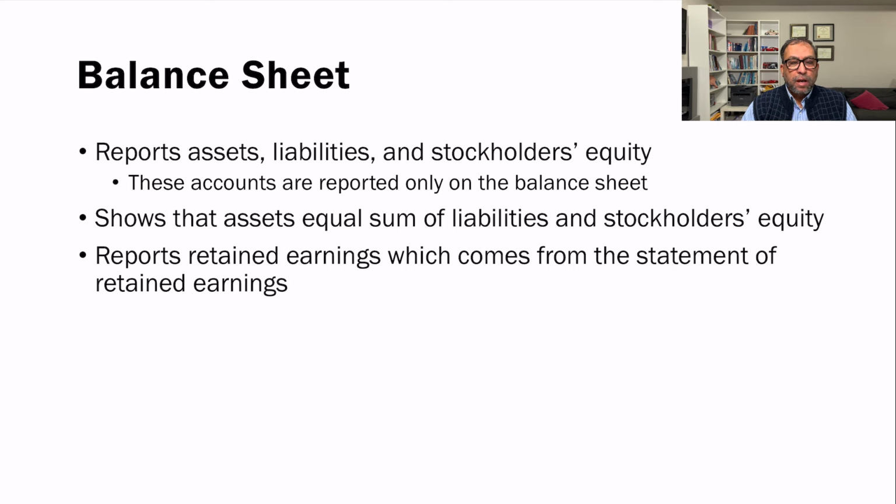So it reports assets, liabilities, and shareholders' equity. Those accounts are reported only on the balance sheet. It shows assets equal the sum of liabilities and shareholders' equity. Under shareholders' equity, we report the retained earnings, and retained earnings comes from the statement of retained earnings.